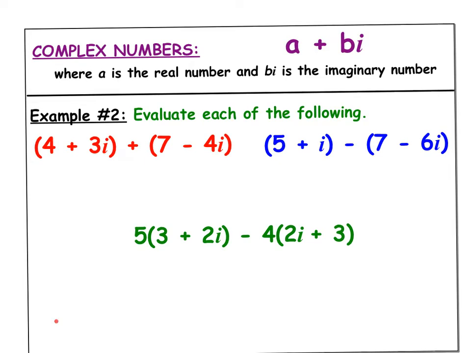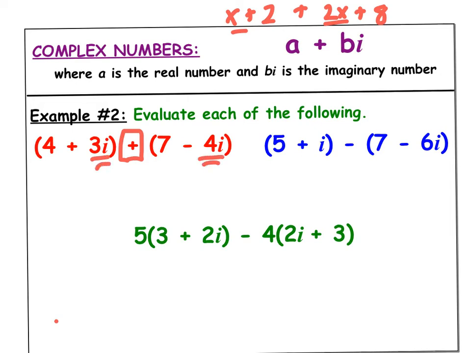So for the red one, you have an addition problem. Just like when you have an addition problem like this, x plus 2 plus 2x plus 8, you are only going to add your like terms. So my like terms in x's are x's, my like terms in complex numbers are my i's.